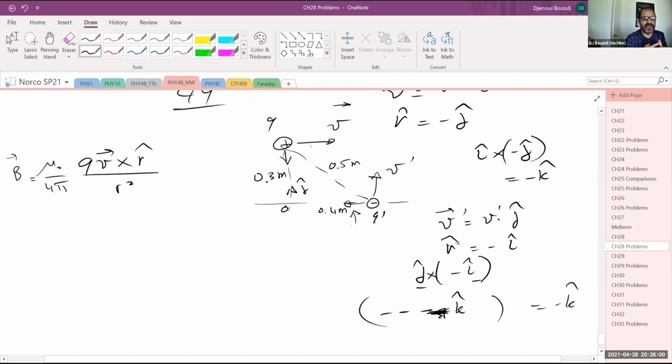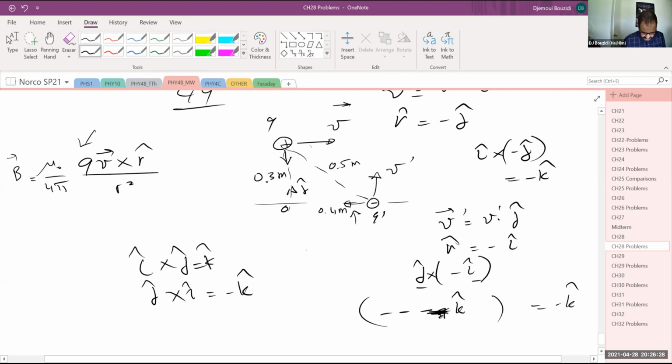And the other negative is coming from the cross product of j hat with i hat, because you know i hat cross j hat is equal to k hat, then j hat cross i hat should be negative k hat. And there is a third negative coming from the charge itself, because all of this involves the charge. So both magnetic fields will be pointing in the negative k hat direction. Both of them will be in the same direction. You add them up at the origin.